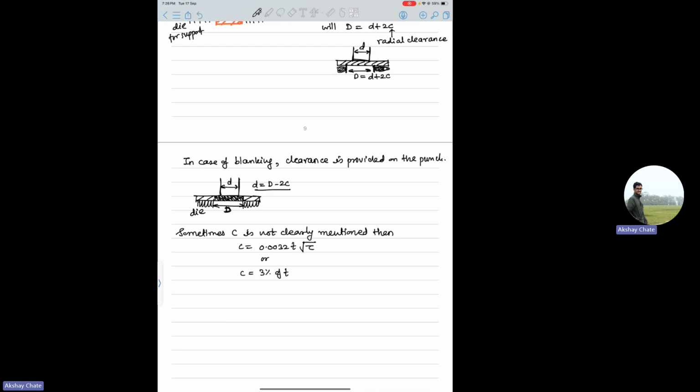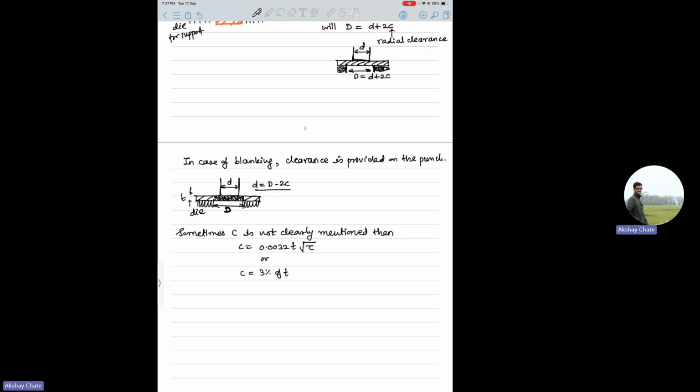Usually it is given in the question, but if not, then you have to assume 3% of the thickness of your specimen.